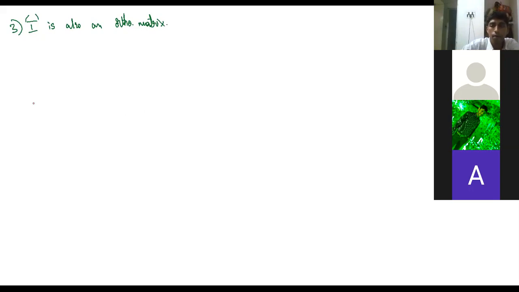Next point. Let us say we have two matrices, matrix A and matrix B, both of which are orthogonal matrices. So both of them are square and both of them are orthogonal.